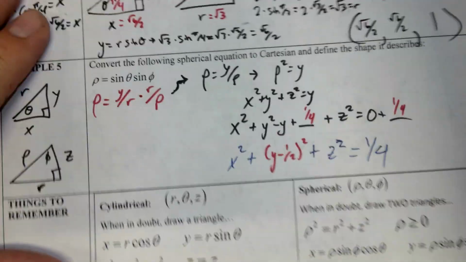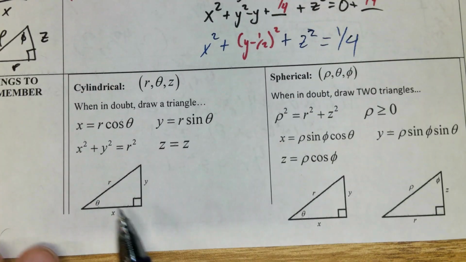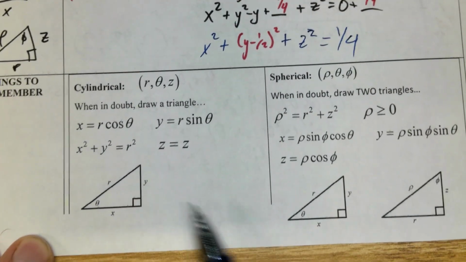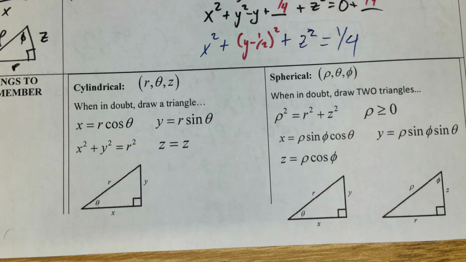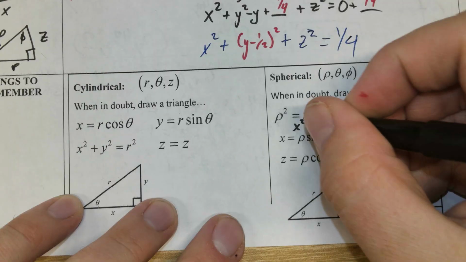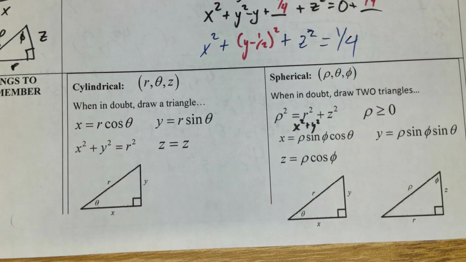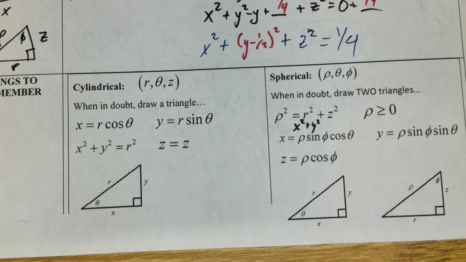Here's some reminders, some nice recap at the bottom. Draw triangles and use trig. That's the best I can give you. And, you know, again, never forget that r squared is x squared plus y squared, like it says over here. That z remains the same.